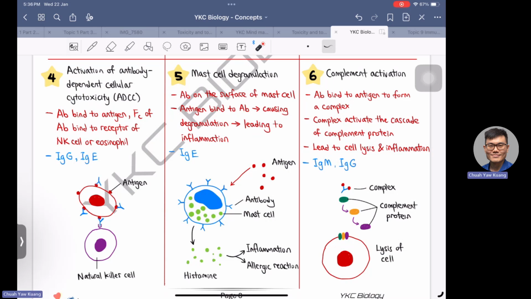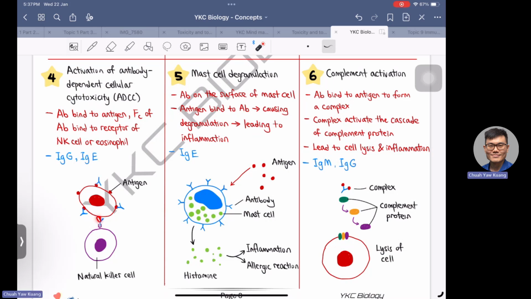After the antibody binds to the antigen using the Fab region, its Fc region will bind to the Fc receptor of the effector cell, like the natural killer cell here.